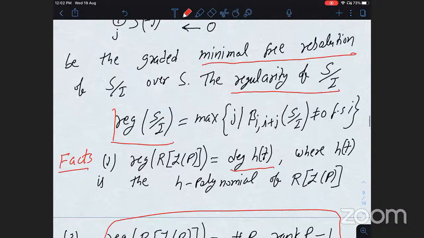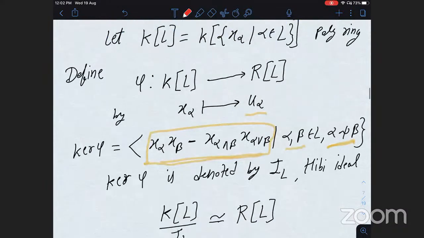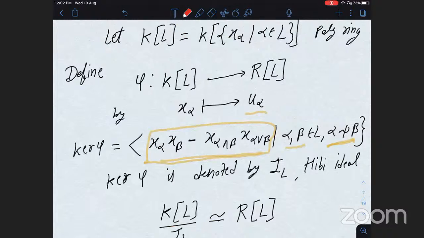So I've defined the Hibi ring here. Here, K[L] is a polynomial ring in the variables X_alpha, and the kernel is generated by X_alpha X_beta minus X_(alpha intersection beta) X_(alpha join beta), the meet and join. So this ring is isomorphic to R[L].